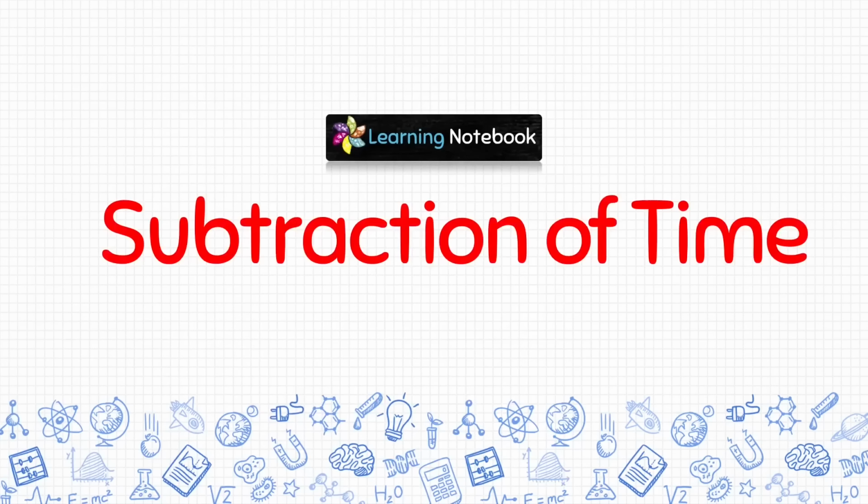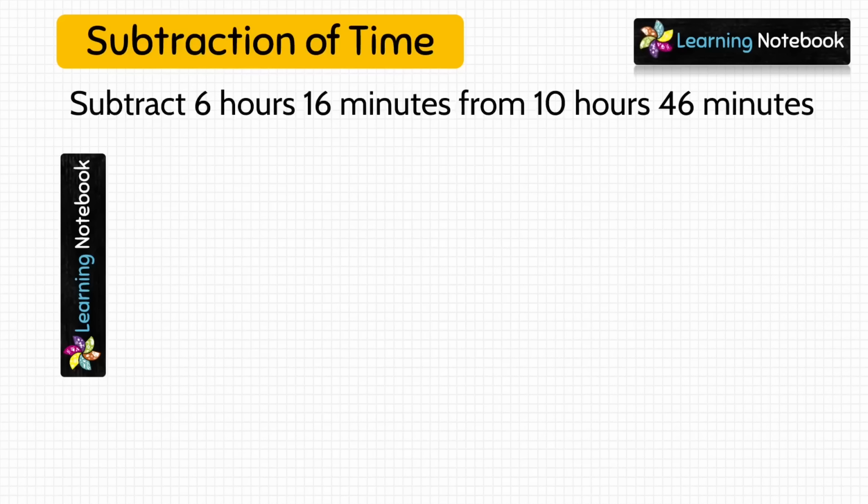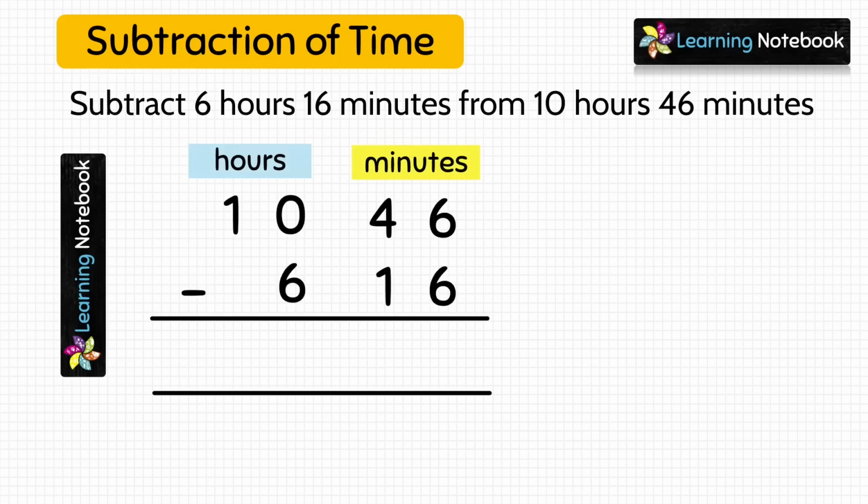Now let's move to subtraction of time. Question 1 is: subtract 6 hours 16 minutes from 10 hours 46 minutes. To subtract these two, we will write them in the same way as we did in the addition of time, that is, hours under hours column and minutes under minutes column.